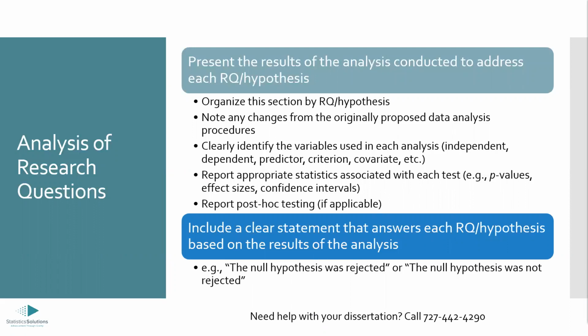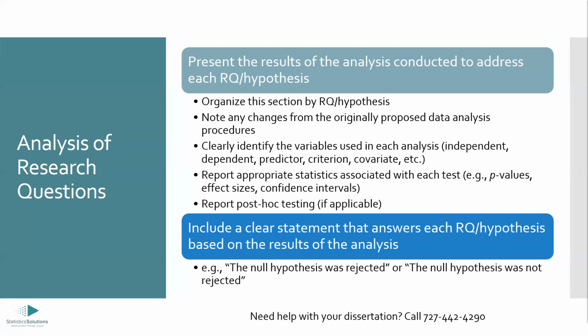And so once you describe all of your assumptions testing and set up everything for your actual analysis, then we can actually get into the discussion of the analyses that you'll conduct to address your research questions. So you'll want to organize this section by research question or hypothesis. You want it to go in a logical order that aligns with how you presented your research questions and hypotheses in your previous chapters.